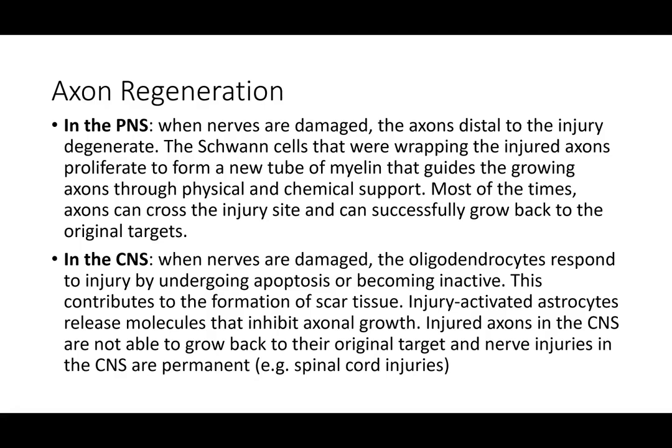So these injured axons in the central nervous system are not going to be able to grow back out to their original target, and nerve injuries within the central nervous system are permanent. That's why if the spinal cord is injured, that is a permanent, lifelong injury for the rest of somebody's life, unfortunately.